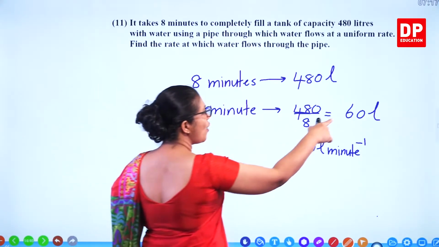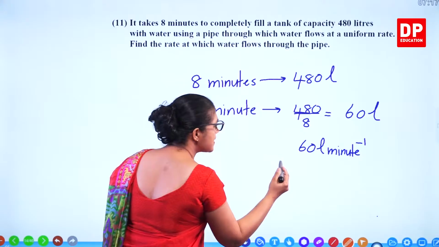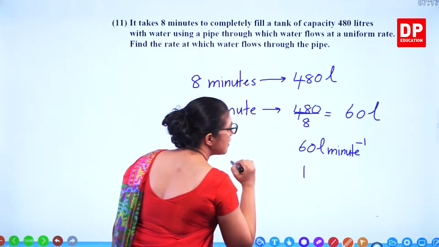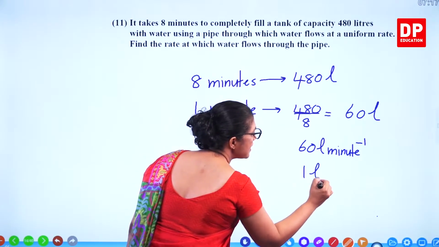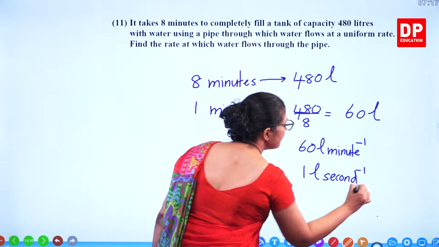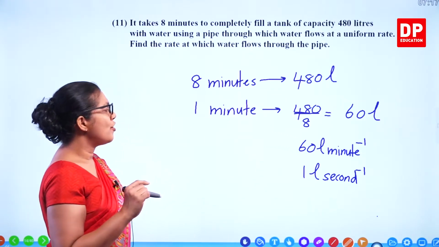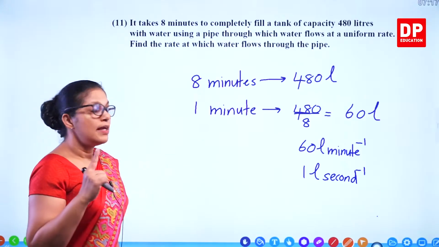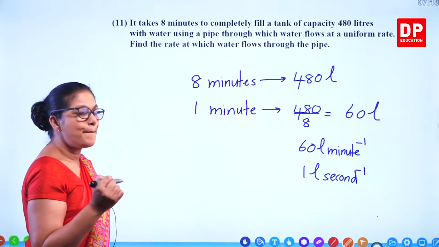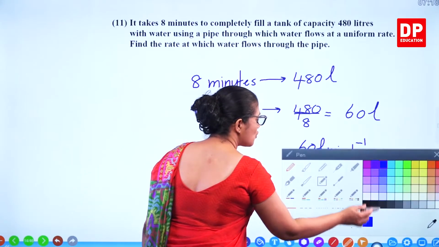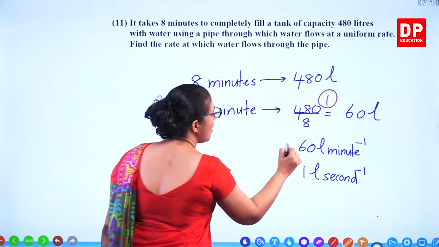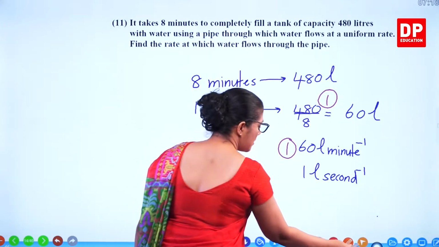If you want to find out per second, you have to divide by 60 again. 60 divided by 60, or you can convert and write 1 liter per second. So that's also possible. So either 60 liters per minute or 1 liter per second. So you get 2 marks there, identifying this one, and 1 mark for the answer.